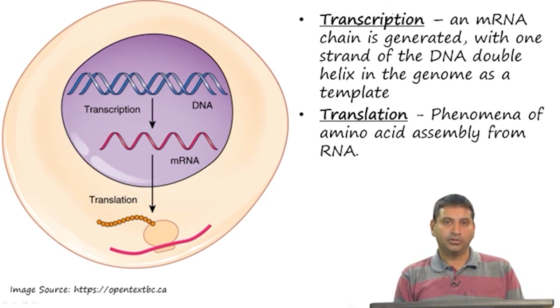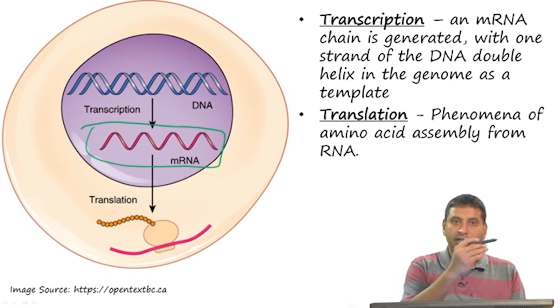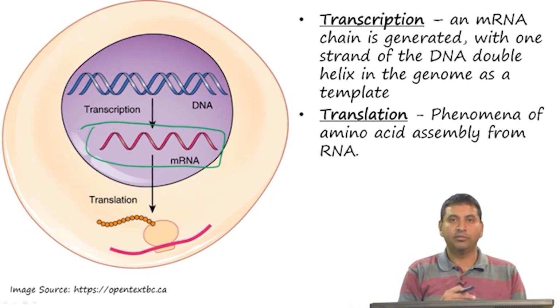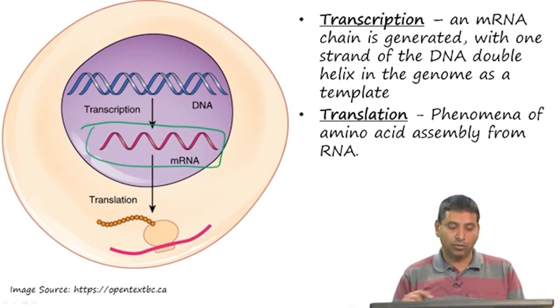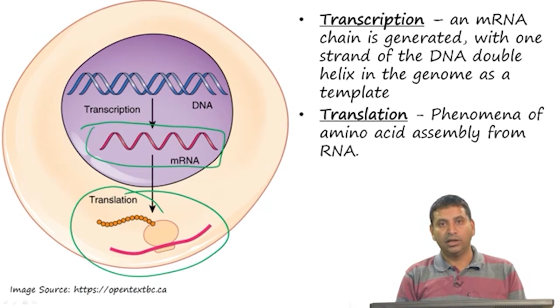Transcription is the process by which an mRNA is produced using the code from DNA, and this allows us to transfer the information in DNA and send it to the ribosome or endoplasmic reticulum, where the protein synthesis is occurring.